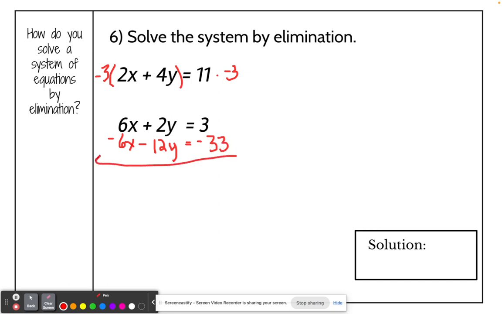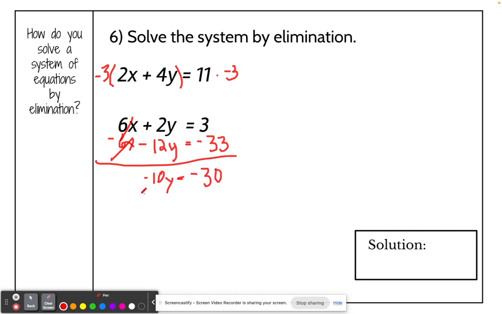Add up my equations. My 6x and negative 6x cancel out. 2y and negative 12y leaves me with negative 10y. 3 and negative 33 combined equal negative 30.